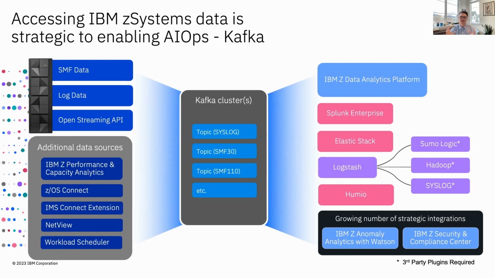We're cognizant that a lot of end use platforms and products use similar data inputs. So, things like Z Security Compliance Center, Anomaly Analytics, IBM Z Performance Capacity Analytics. These products and a number of others often use the same SMF data, the same log data, the same Omegamon data, all in different ways, but each of these tools has its own pipeline to get it. And it's really not efficient when you think about trying to do this at scale.